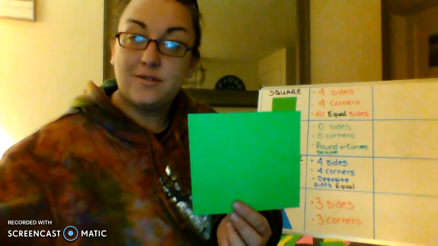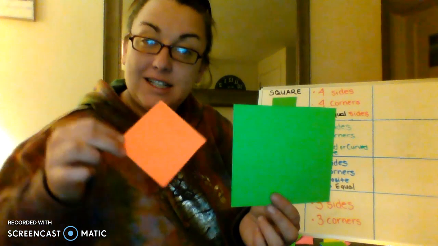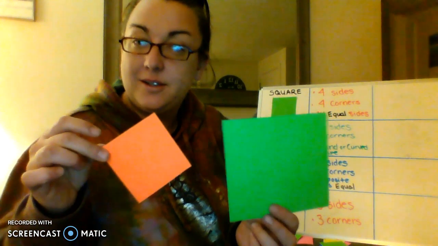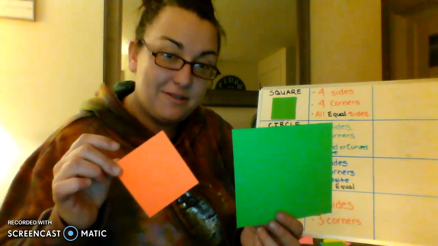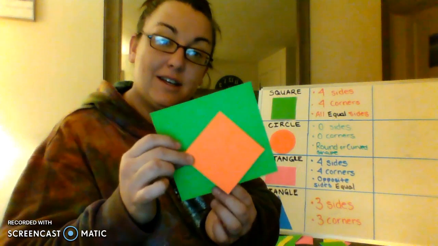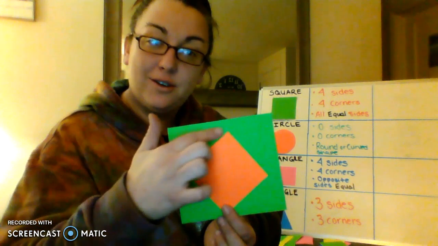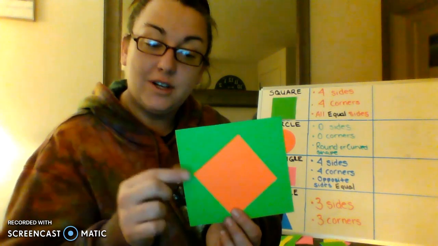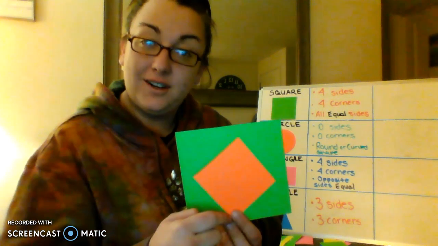Now, if we take a square of a different size and turn it to the side, is it still a square? What do you think? It is still a square. How do we know that? We can tell by counting its sides, right? 1, 2, 3, 4, and its corners, 1, 2, 3, 4.